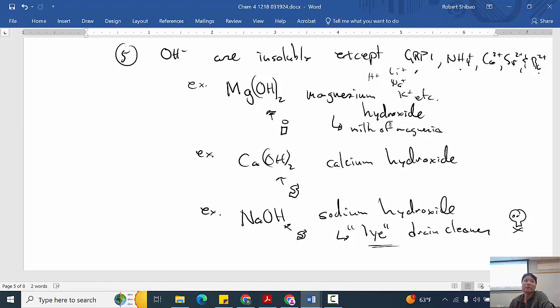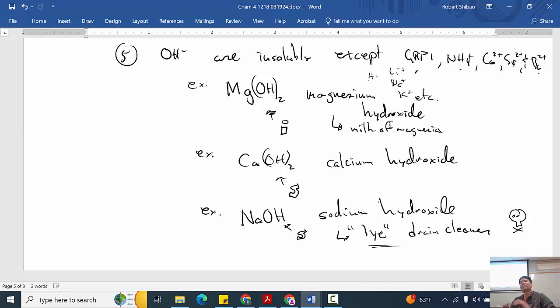Why wouldn't it be as effective, if what's important is the hydroxide? It isn't as effective, and so what can you think might lead to it being less effective than sodium hydroxide? It's insoluble. It doesn't really dissolve.